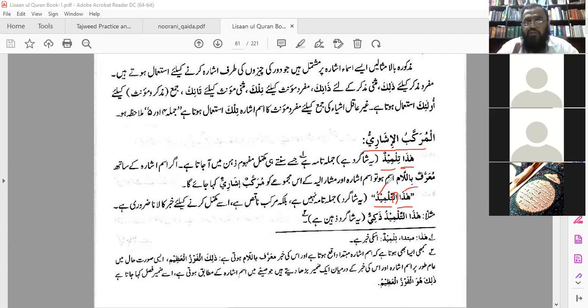To make a complete sentence, we need to have khabar. Hadha ism ishara, at-tilmizu musharun ilayh, this is mubtada, and zakiyun is khabar. This student is intelligent. Now you see there is a difference. I want everybody to understand.